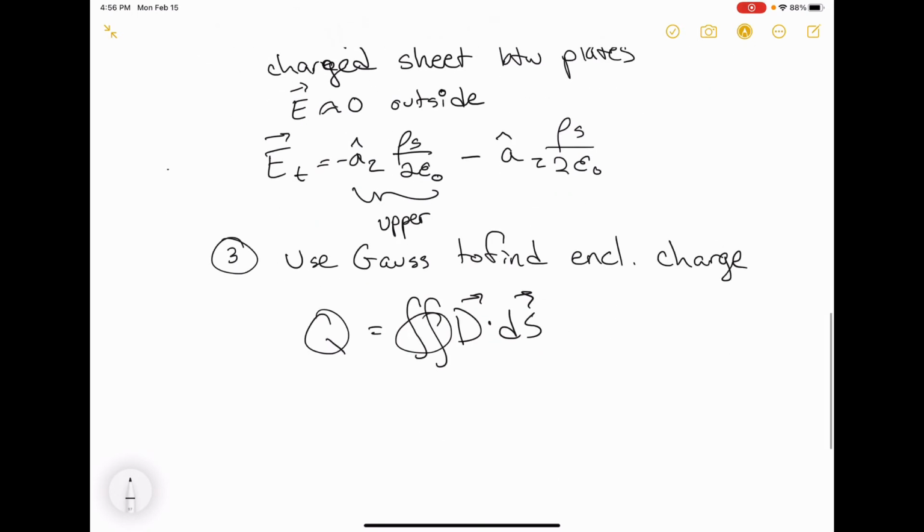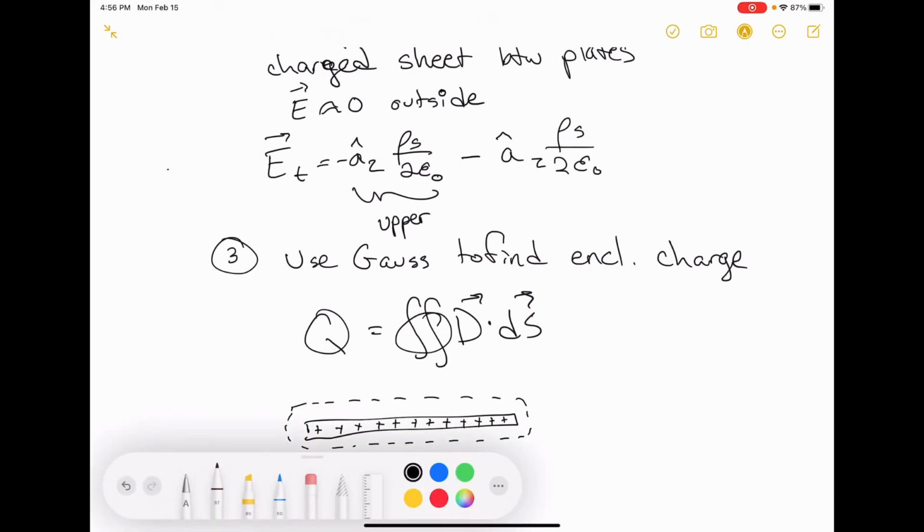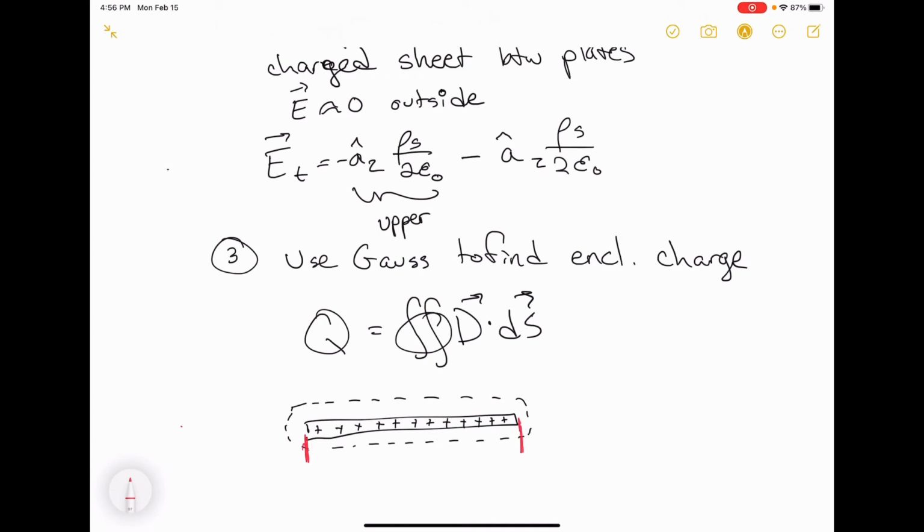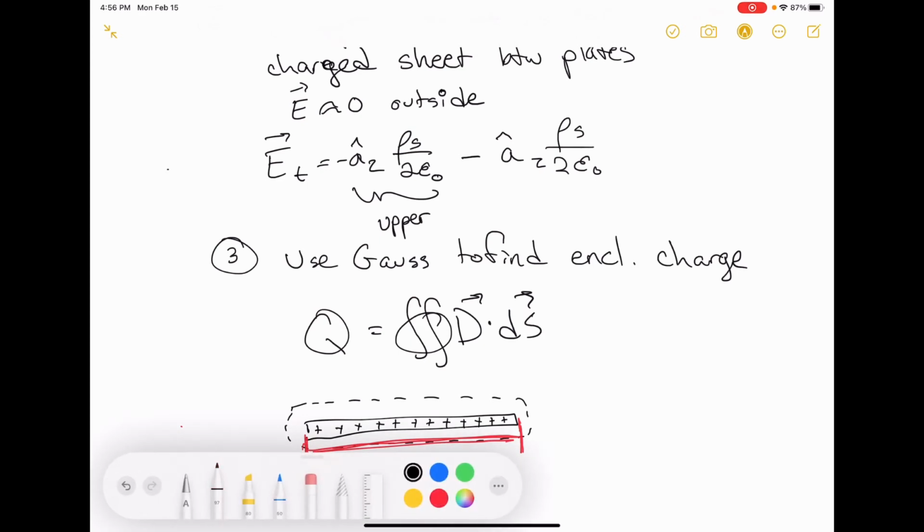So we define a Gaussian surface that just encloses the upper plate of our capacitor. And really only the section from here to here contributes to the total charge that we're going to find.